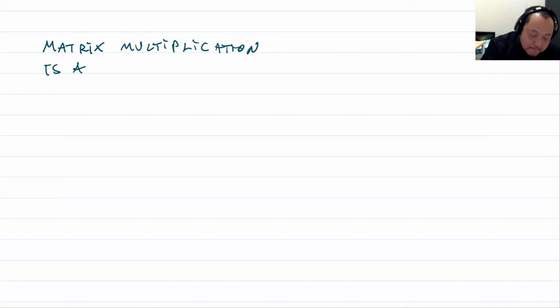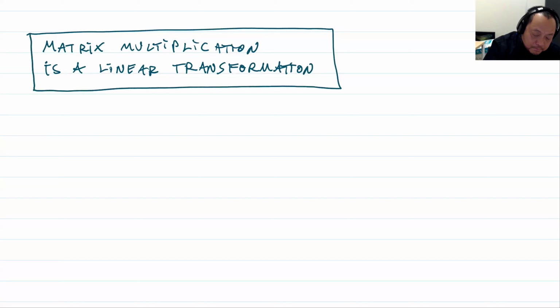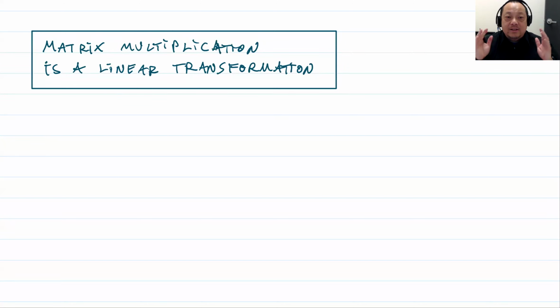So this actually means that we have a rule that says that matrix multiplication is a linear transformation. This is a very important rule, so I'm going to box it up and put it aside. We actually have a name for it called a matrix transformation.